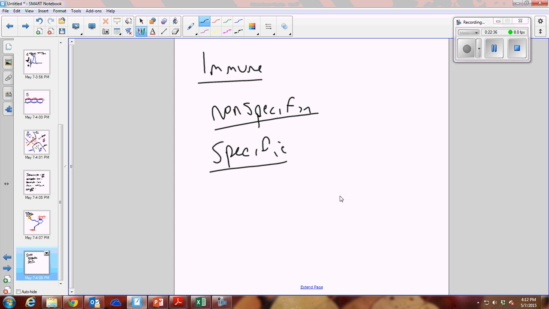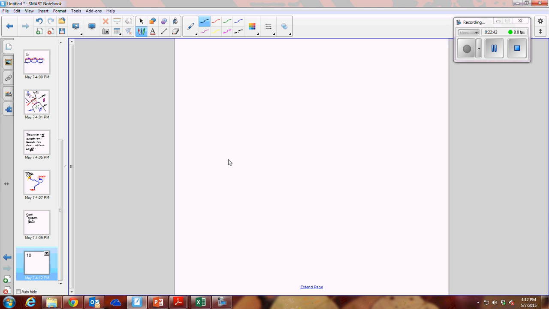And then you have your specific defenses. Specific defenses are against a specific kind of pathogen. And what is a pathogen? A pathogen is anything that causes disease, some kind of disease-causing agent.